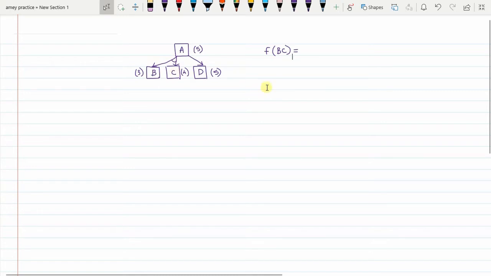So F of BC will be 3 plus 4, and plus the cost along the edges, 1 unit from here, 1 unit from here, so plus 2. So F of BC will be 9.